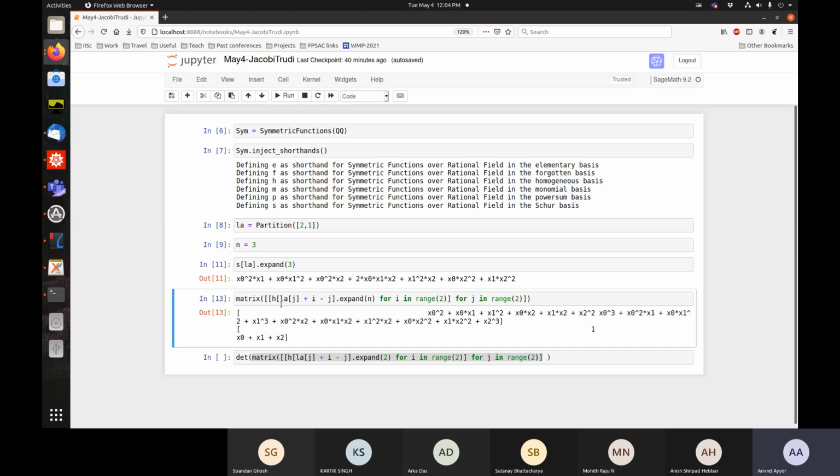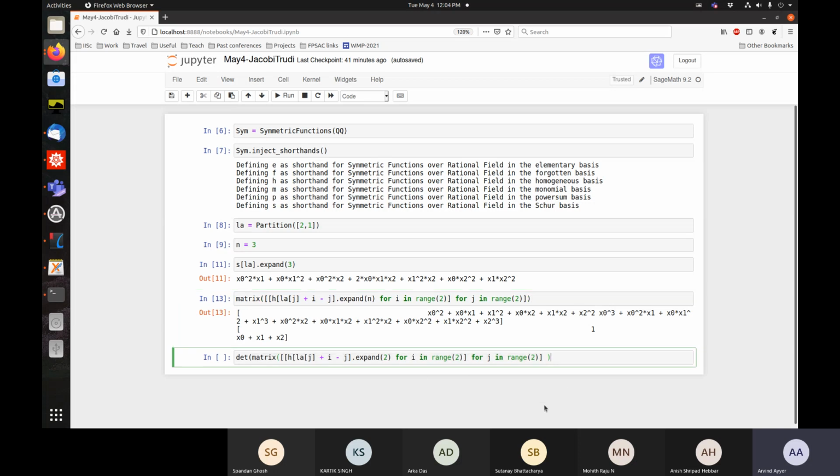So there is a slight issue because I and j run from 0 to 1 in Sage instead of 1 to 2. There are two terms here. Yes, so this is the first term. The indexing doesn't matter because you have I minus j. So it's okay. So let me put that back in.